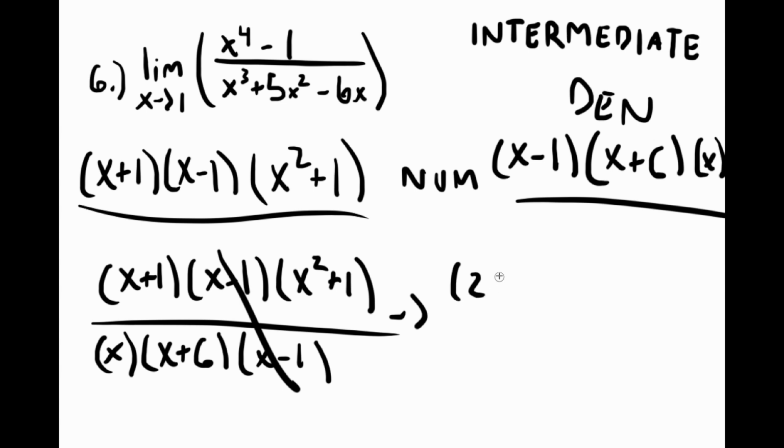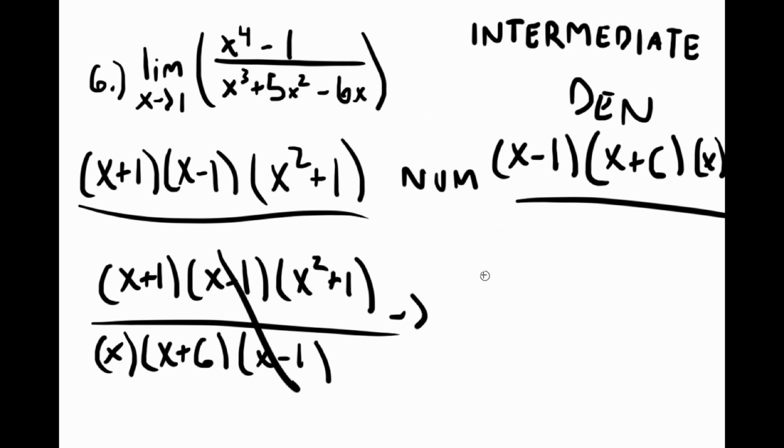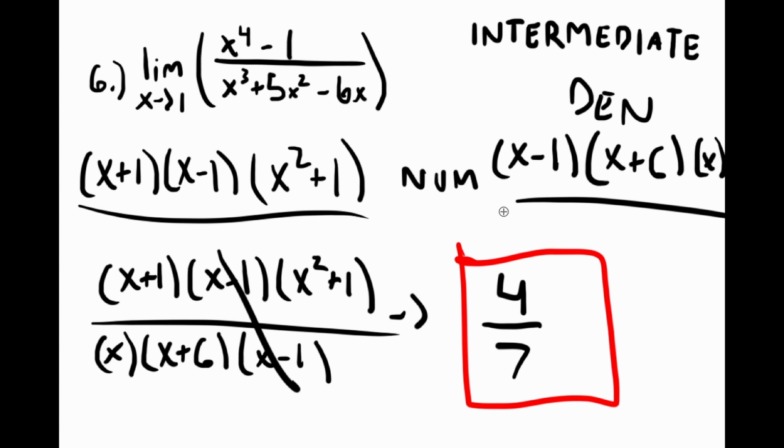And this is just going to be equal to 2 times 1 squared plus 1, which is just going to be 2. And then 1 times 1 plus 6, which is just 7. This is going to be your final answer.